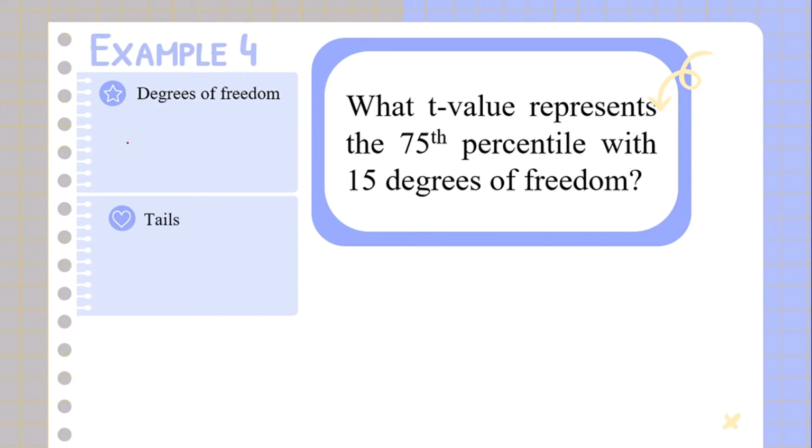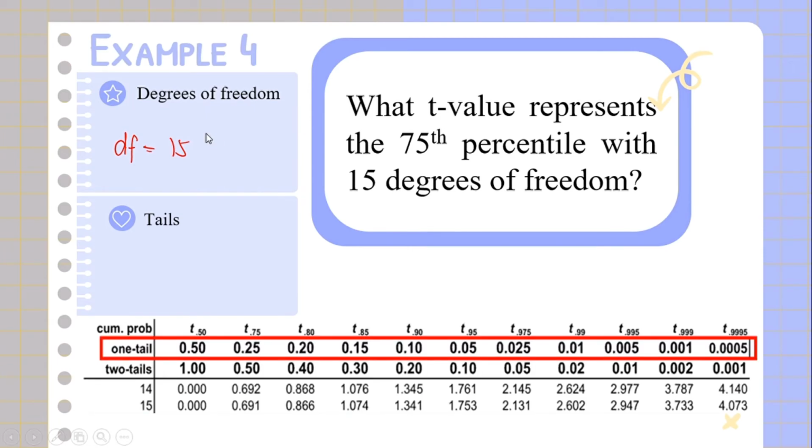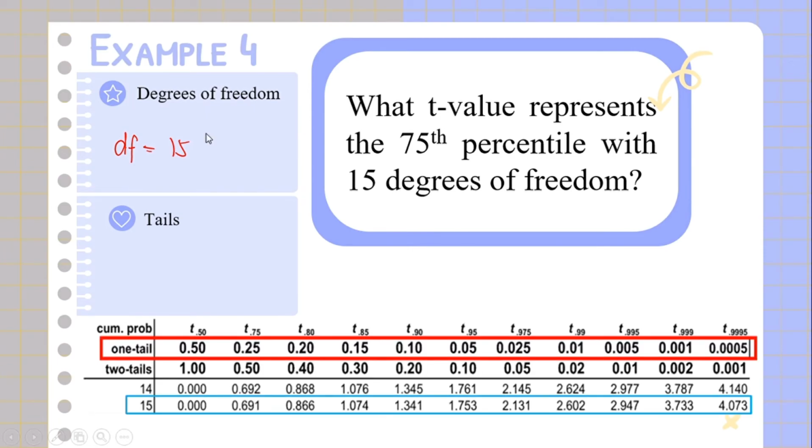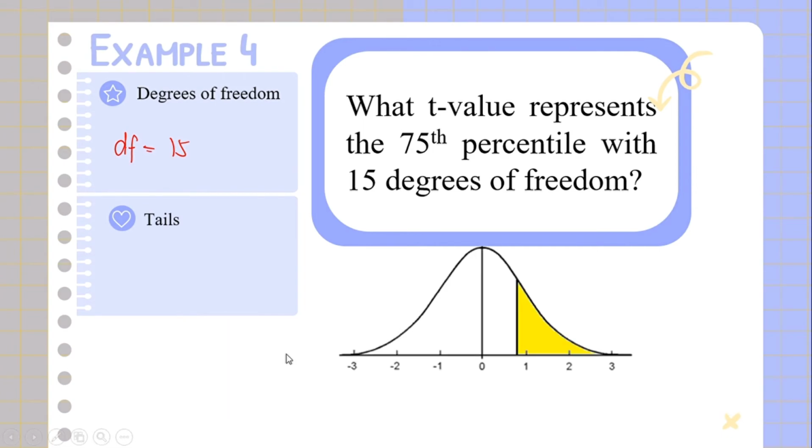So, given na ang ating degrees of freedom, that is 15. So, nandito ang ating 15. And then, yung 0.75 is here. So, yung intersection nila is 0.691. So, that is our t-value. So, nandito yung 0.691. And ito naman ang ating 75th percentile.